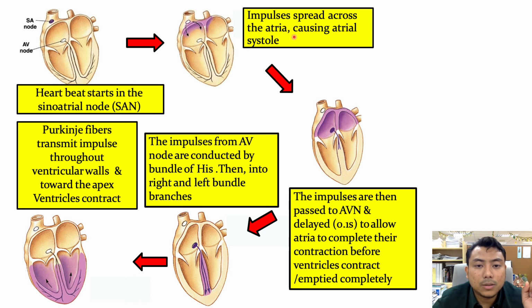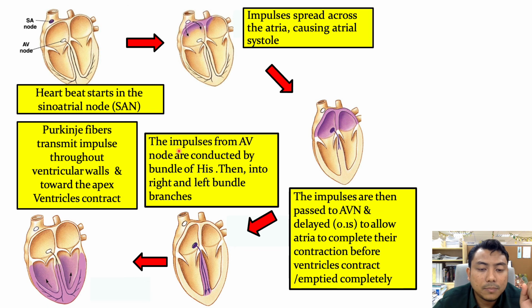Impulses spread across the atria causing atrial systole. Nampak ni warna pink, warna purple ni. So that is the generation of the impulse. So now sekarang ni atria ni both sedang contract. The impulses are then passed to AVN, delayed 0.1 second dekat sini, to allow atria to complete their contraction before ventricles contract ataupun empty completely.